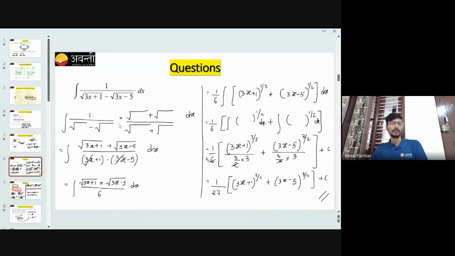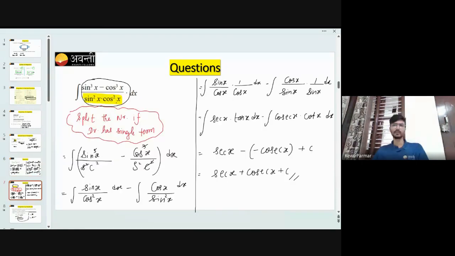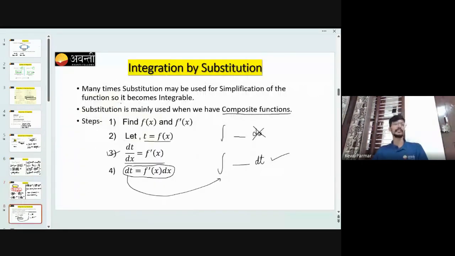Same logic applies: if there is a square root, then my mind should automatically think we should rationalize. Next were more questions. Then substitution, very important. To make a non-integrable function integrable, we basically use substitution.